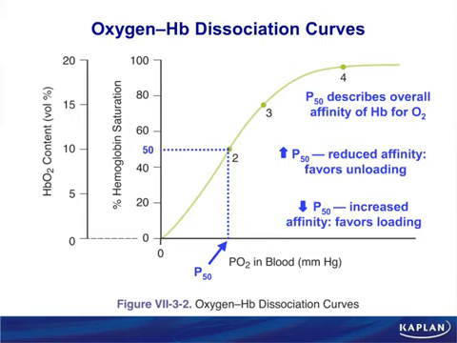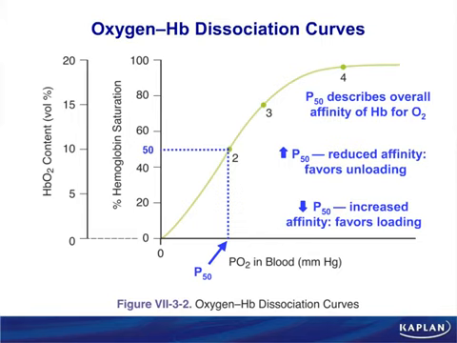And if I have reduced affinity, hopefully it makes sense to you that this is going to favor unloading the truck. If a drug has a low ED50, if the ED50 were to go down, then that would mean a more potent drug. It takes less drug to produce 50% response. Same story for the P50.